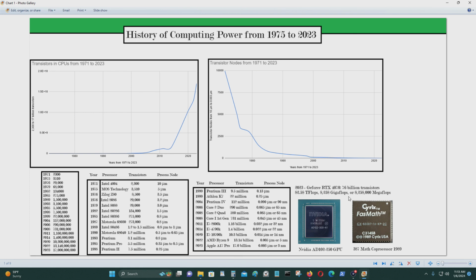It's capable of 82.58 teraflops. So in a teraflop, there's 1,000 billions in it. So it's 82,580 gigaflops. And a gigaflop, there's 1 million times 1,000 millions in it. So that'd be 82,580,000 megaflops. Okay, very, very powerful.